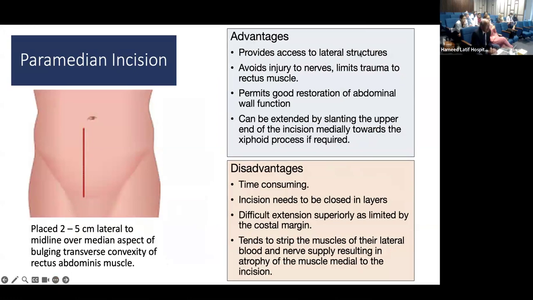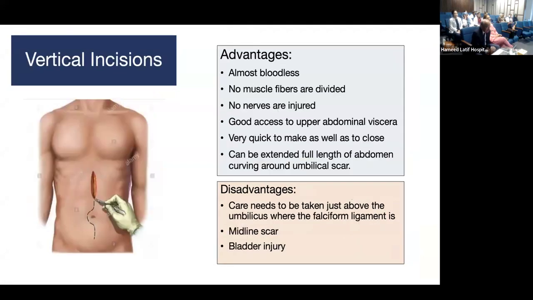It provides access to lateral structures, avoids injuries to nerves, limits trauma to rectus muscle, permits good restoration of the abdominal wall, and can be extended by slanting the upper end of the incision. Disadvantages: it is time consuming, needs to be closed in layers, difficult extension superiorly as limited by the costal margin, and tends to strip the muscles of their lateral blood and nerve supply, if one is not careful and one is not accessing the abdomen through the linea alba part.